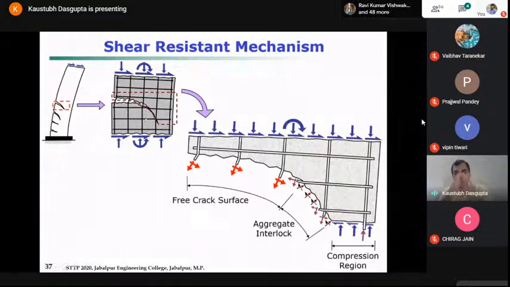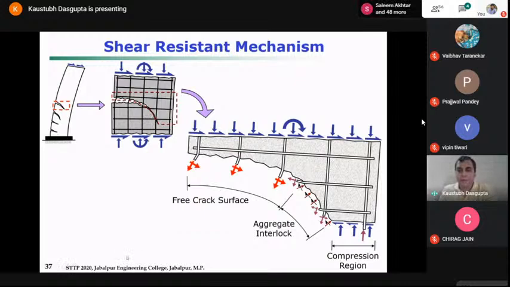All of us know that if you have a rectangular section or any section and you apply a shear force, your shear stresses are the maximum in the interior part, the centroidal region. Okay? So your shear cracks, the diagonal tension crack, will start from that interior part. So the shear crack starts from the interior part of the section, the flexural crack starts from the exterior, they merge, they become the flexural shear crack. Okay? And then it propagates more easily.